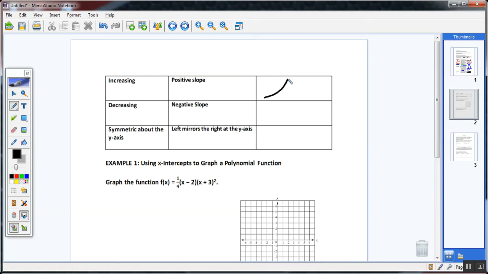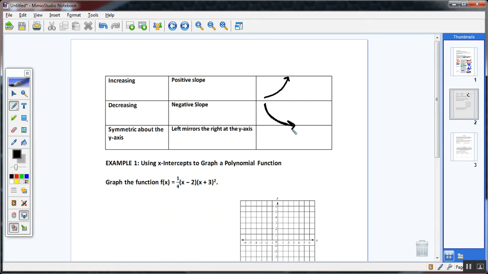If this was part of a polynomial function, this graph from the point on the left to the right is doing what, kids? Is it increasing or decreasing? Okay? You always move left to right with increasing, decreasing. So an example of something that might be decreasing would look like this. This graph, as I move left to right, is going down.